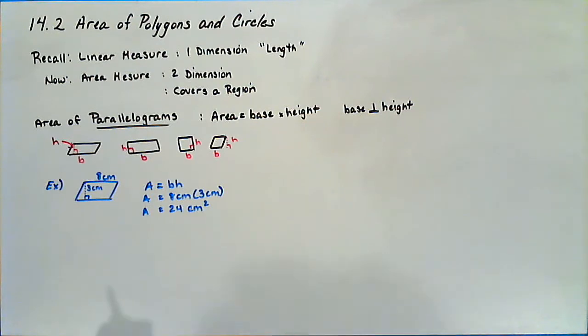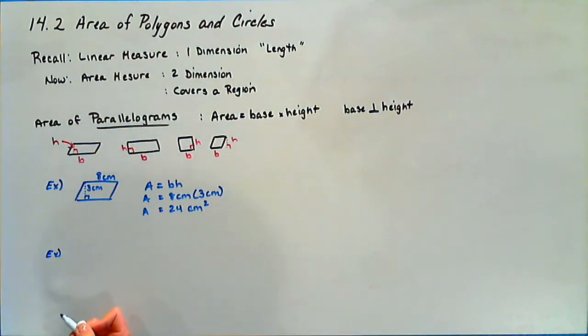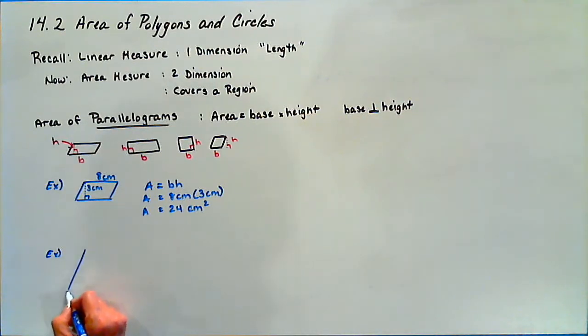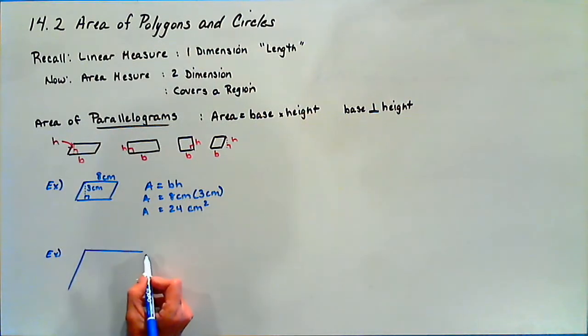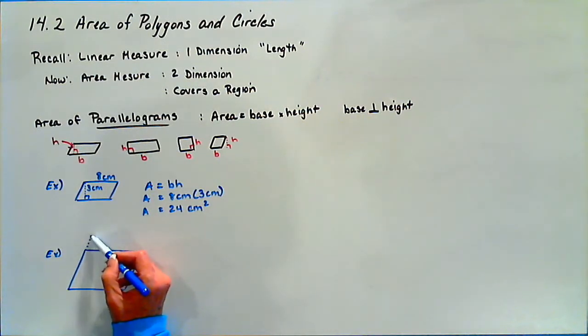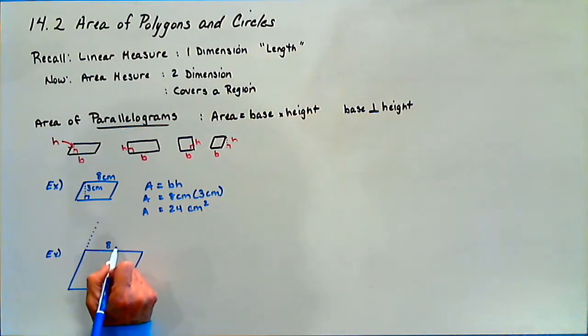Okay. So now let's say I give you one where perhaps I take a look at this picture. This is another one that looks kind of similar. And I give you that if I extend this side, this is still 8.